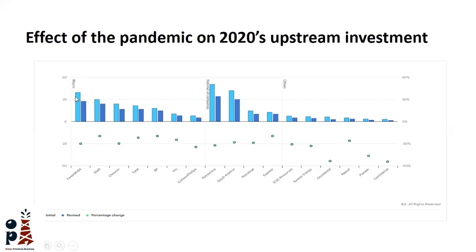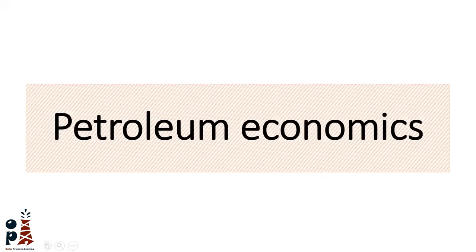We see companies like ExxonMobil, Shell, Chevron, Total, BP, Eni, and ConocoPhillips all decreasing their initial investment and setting another budget for the investment. This always happens when we have a decrease in oil price. So this is the first part, about the overview of the oil industry.